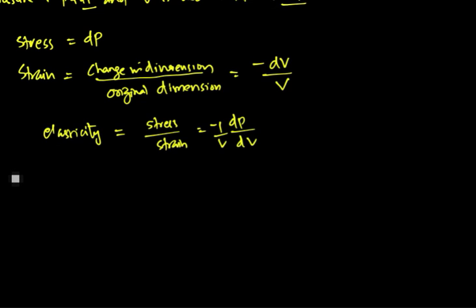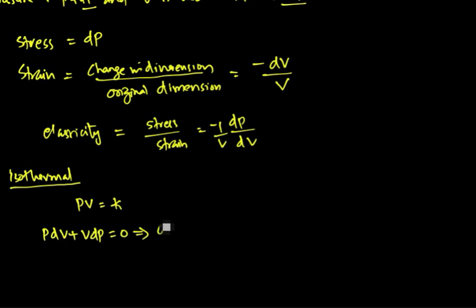Now let's calculate for isothermal and adiabatic processes separately. So for an isothermal process, we know that PV is equal to a constant. Then we need dP by dV. So differentiating this equation, we will get P into dV plus V into dP is equal to 0, which implies dP by dV is equal to minus P by V.